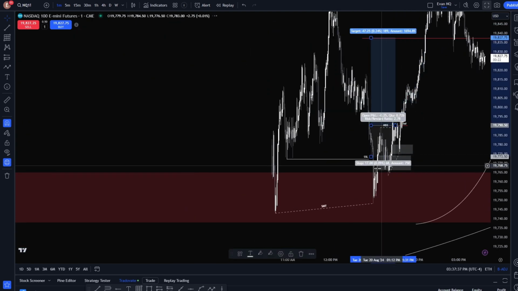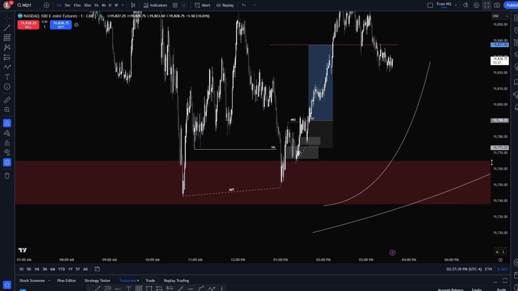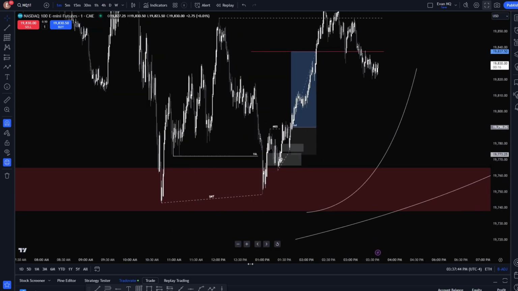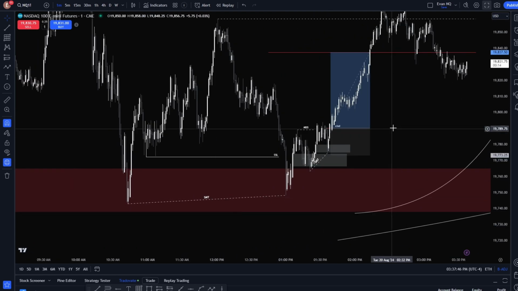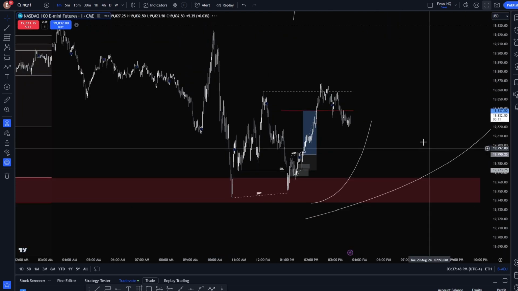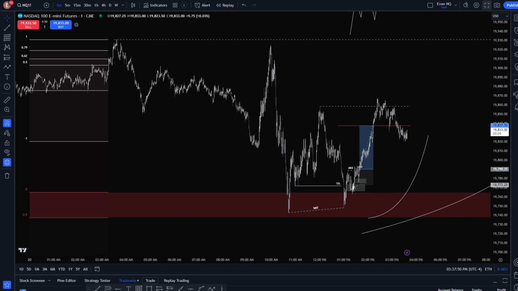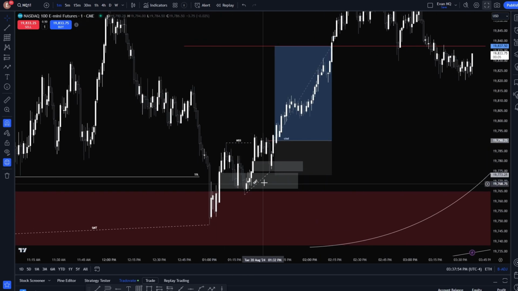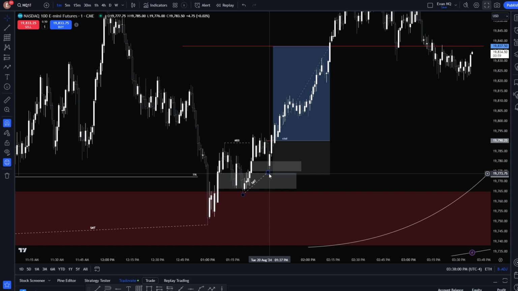Right here, this is perfect manipulation. It's in a place where we expect to reject, right? It aligns with my higher time frame bias to go to this high. Okay, and as you can see, price respected this market structure shift, came back down, had another SMT right here, right?